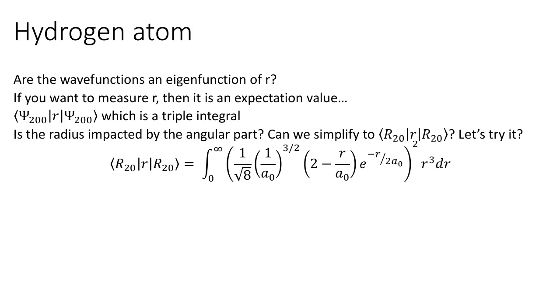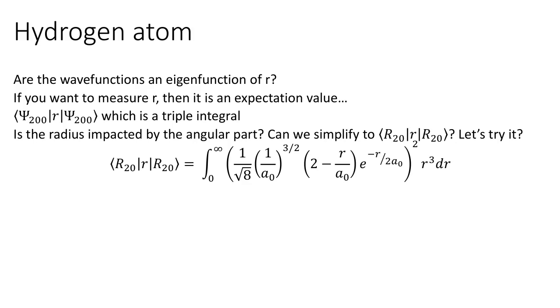But the radius isn't really impacted by the angular part. That's how we solved it to begin with. We can separate them, so we can simplify this expectation value in terms of the radial functions. Let's work through this in a PowerPoint slide.